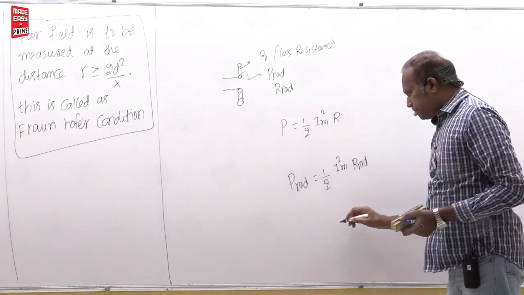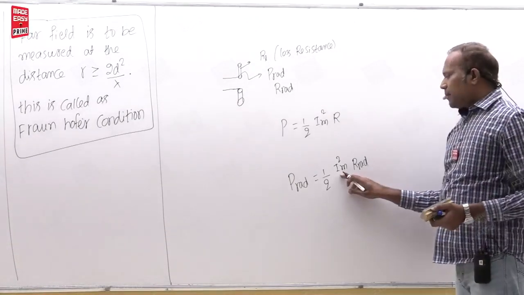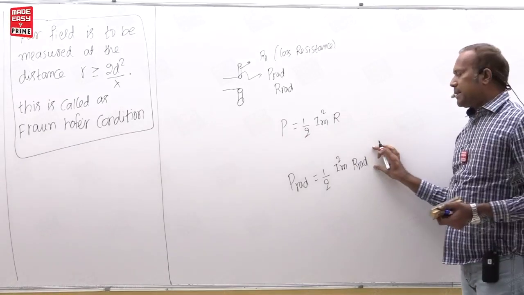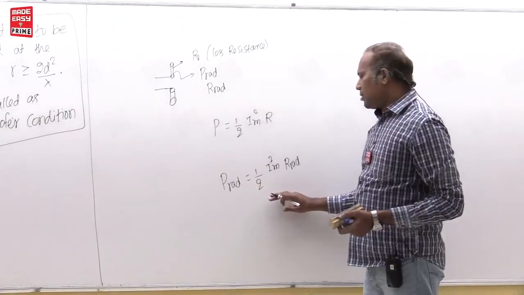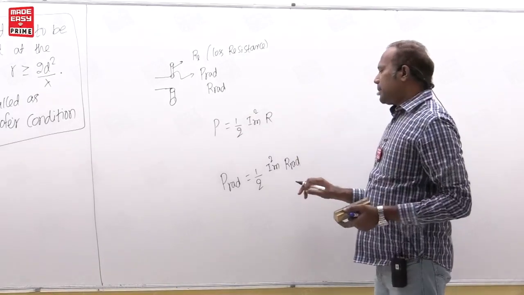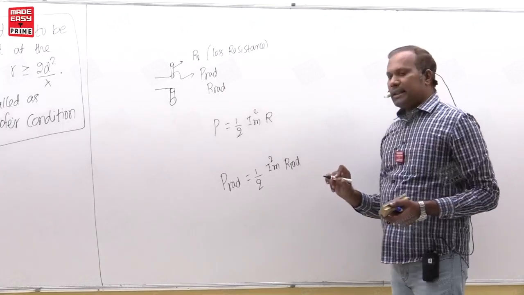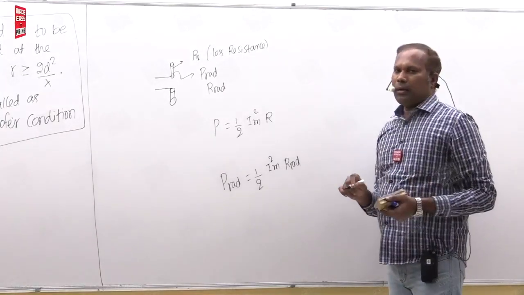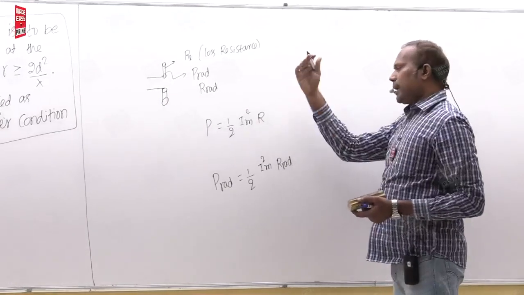If you know the maximum current and the radiation resistance, you can find how much power is radiated by the antenna. In the examination they give the current value, but the radiation resistance you have to decide.